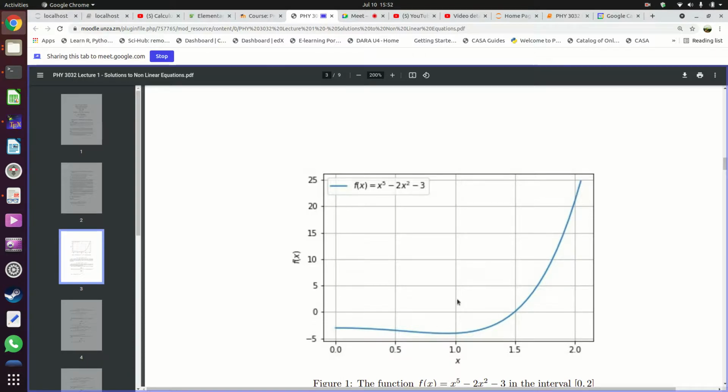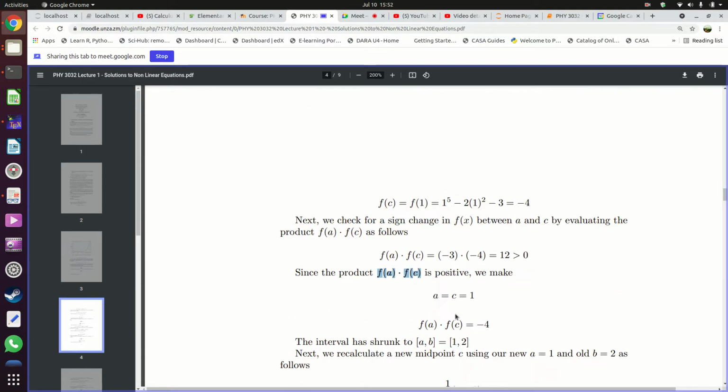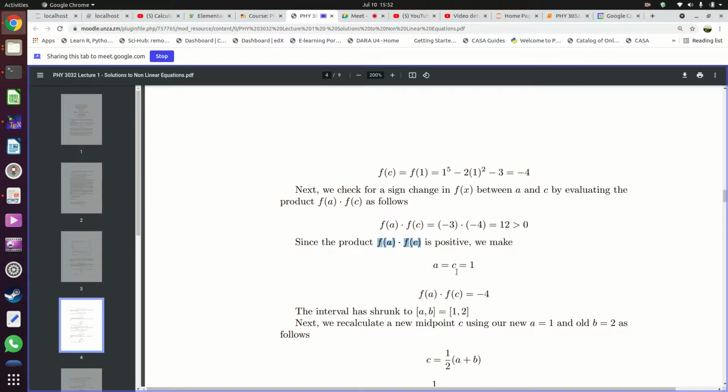Now when we make a become equal to c, a is going to become 1. Then the same way, f of a is going to become equal to f of c, which is equal to minus 4.